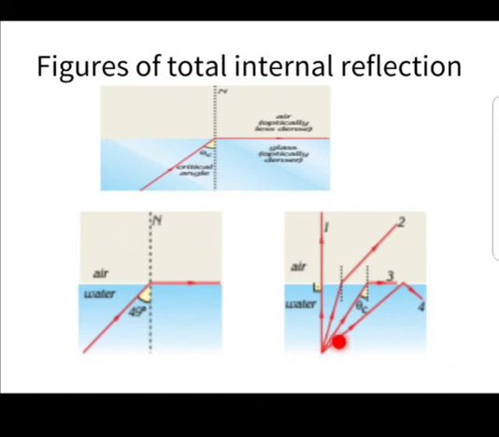And the fourth ray has an angle of incidence greater than the critical angle. In this case, the light cannot pass into the second medium but is reflected back in the same medium, creating in this form the total internal reflection.